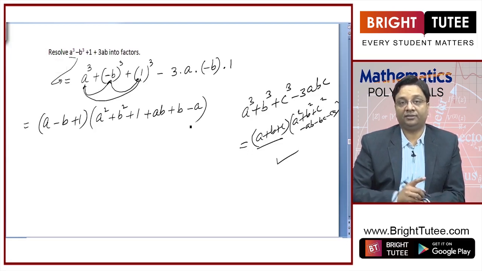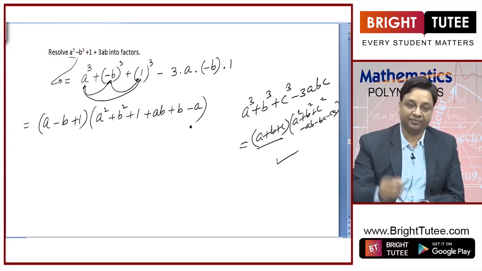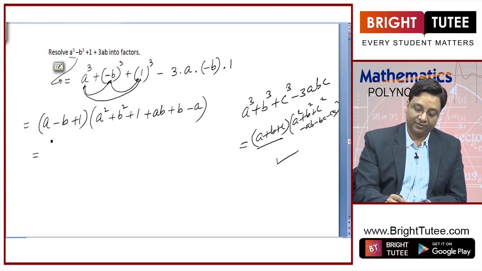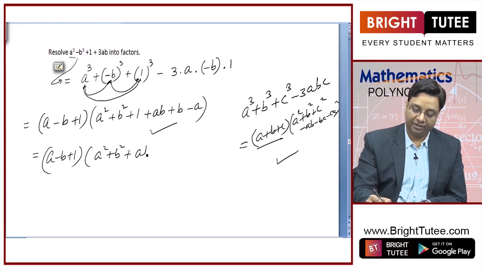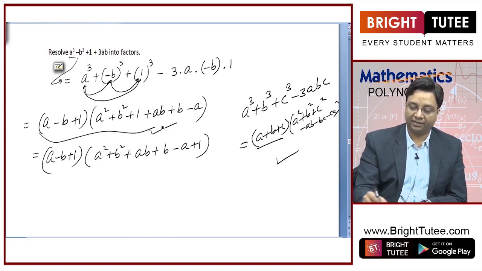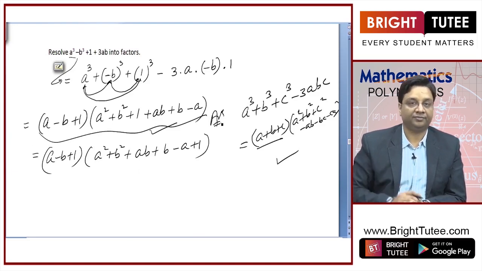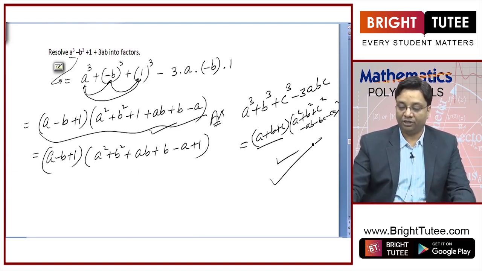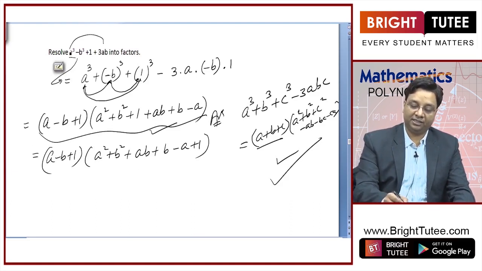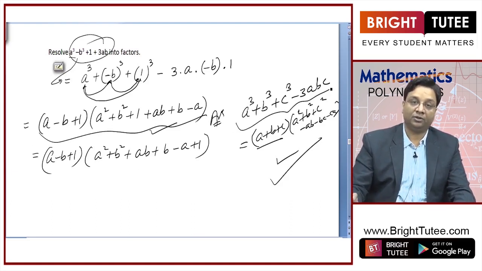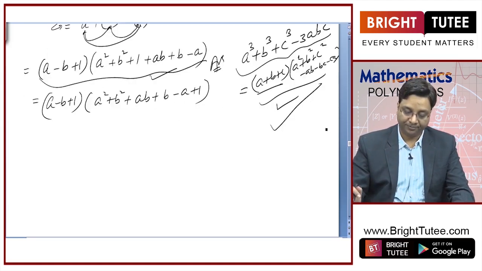You really have to take care of the plus and minus signs here, right? So this is the factorization: a minus b plus 1, a square plus b square plus ab plus b minus a plus 1, or you can leave it here itself. This is the answer, right? You just have to mention that you are using this formula and you have written this expression in this form already. So you use this formula and write it like this, okay?